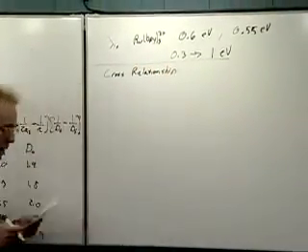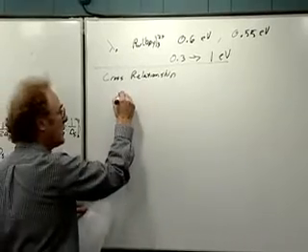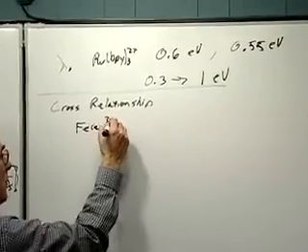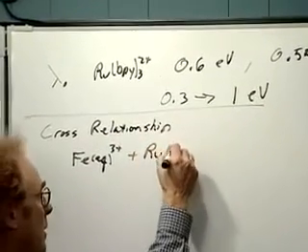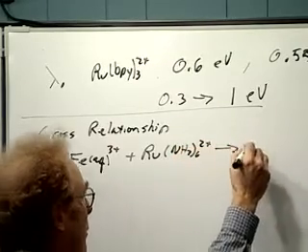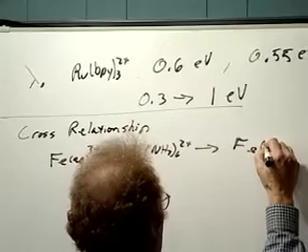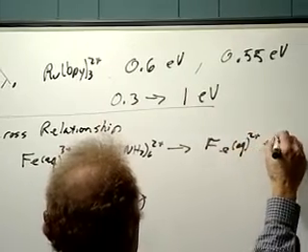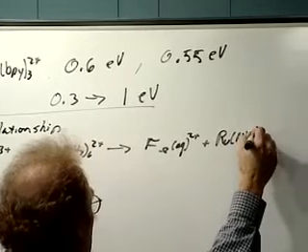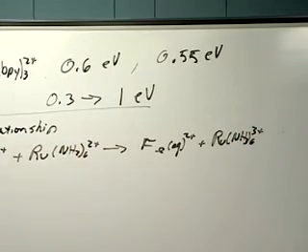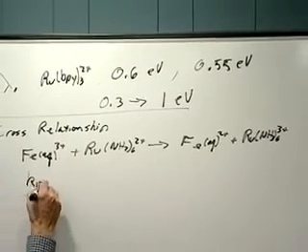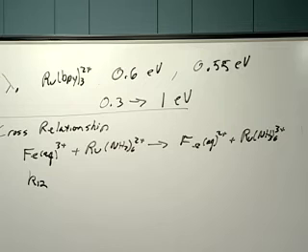Okay, we're going to consider, say, the following reaction: an iron aquo 3+ plus ruthenium, say, hexamine 2+, going to iron aquo 2+ plus ruthenium hexamine 3+. Okay, and we're going to call the rate constant we measure here K12.